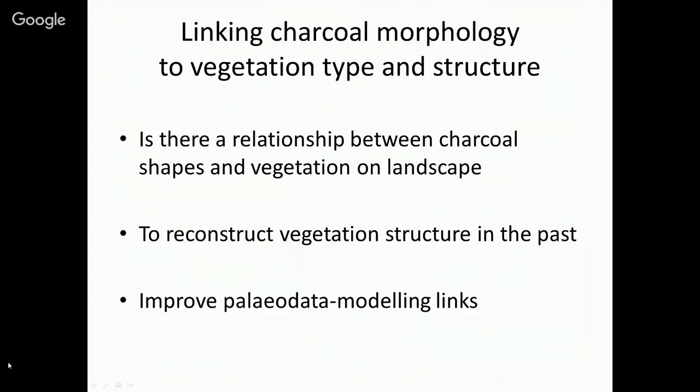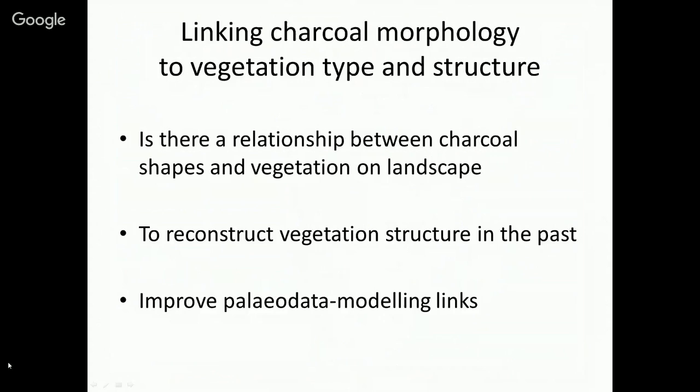So one research question that I'd like to pursue is looking at the relationship between the morphologies of the charcoal, the different shapes that are present in the sediments, and trying to link that to the composition of the vegetation as well as the structure of it. So the arrangement: is it just grasses and trees, or trees, and the distribution of those around a site.